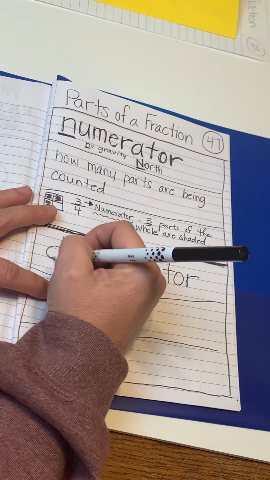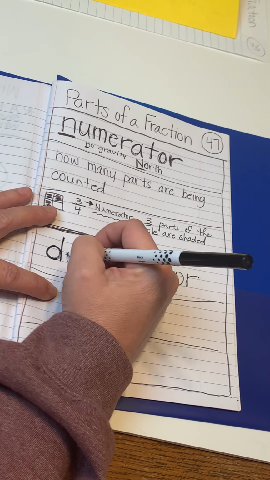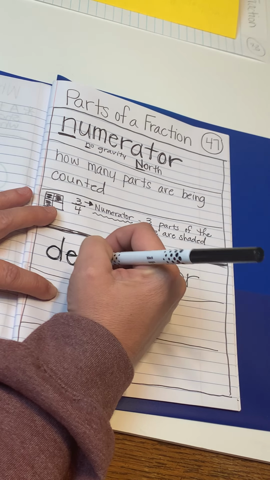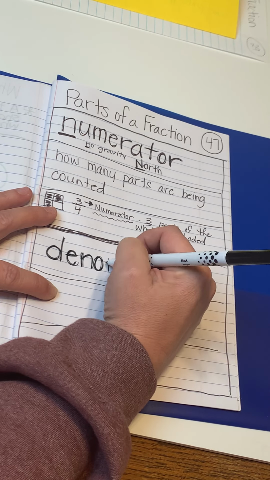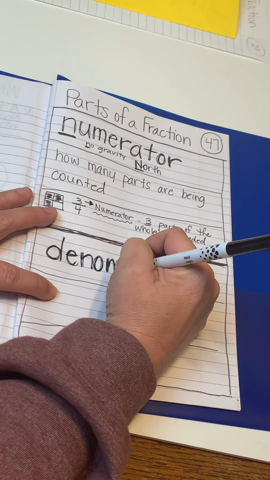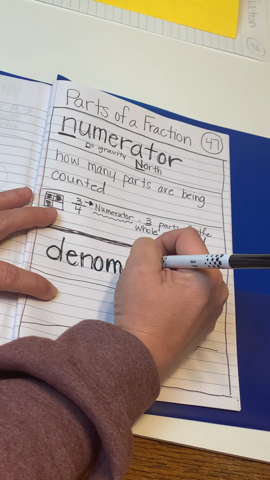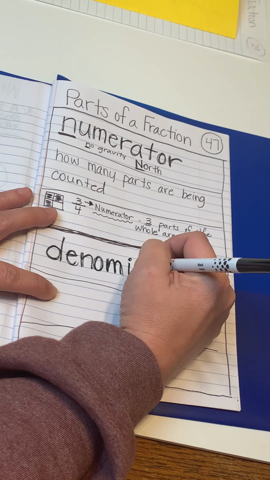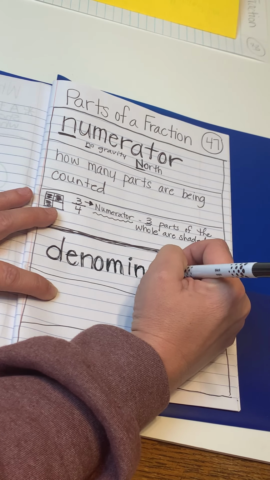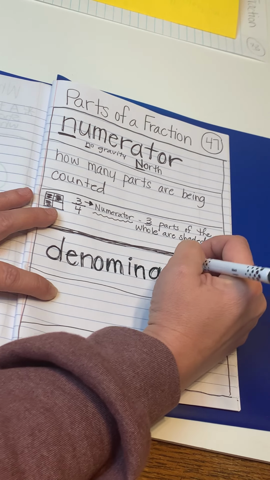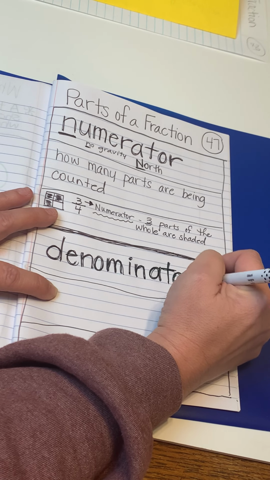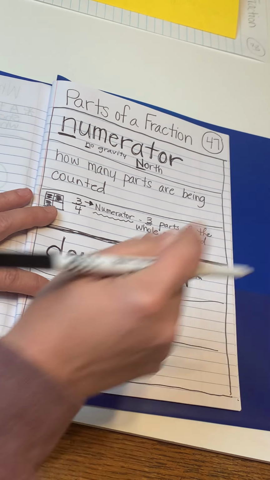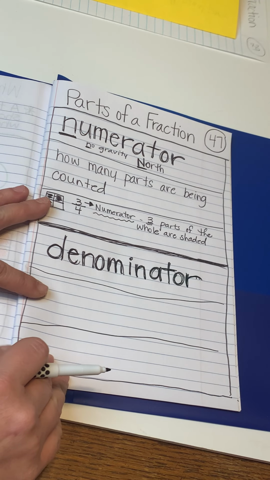And just like at the top, I'm just going to go over that a little bit so that we know that's the actual term that we're using. All right, denominator. Okay.